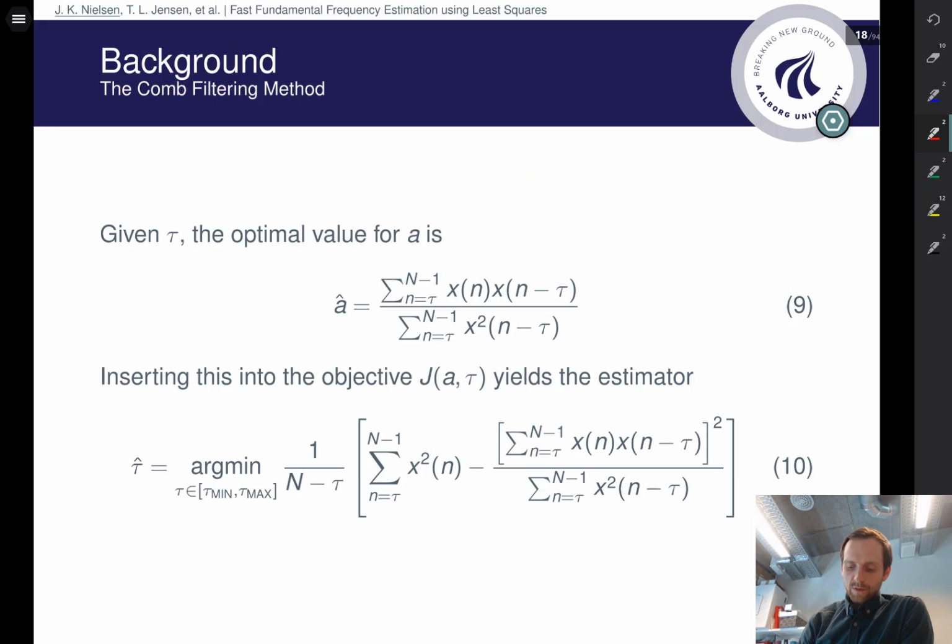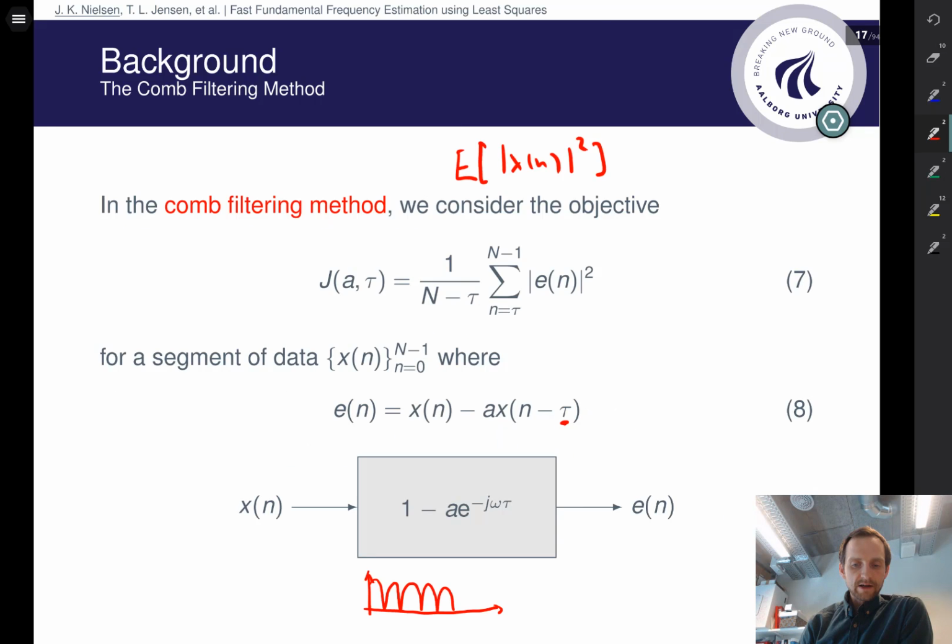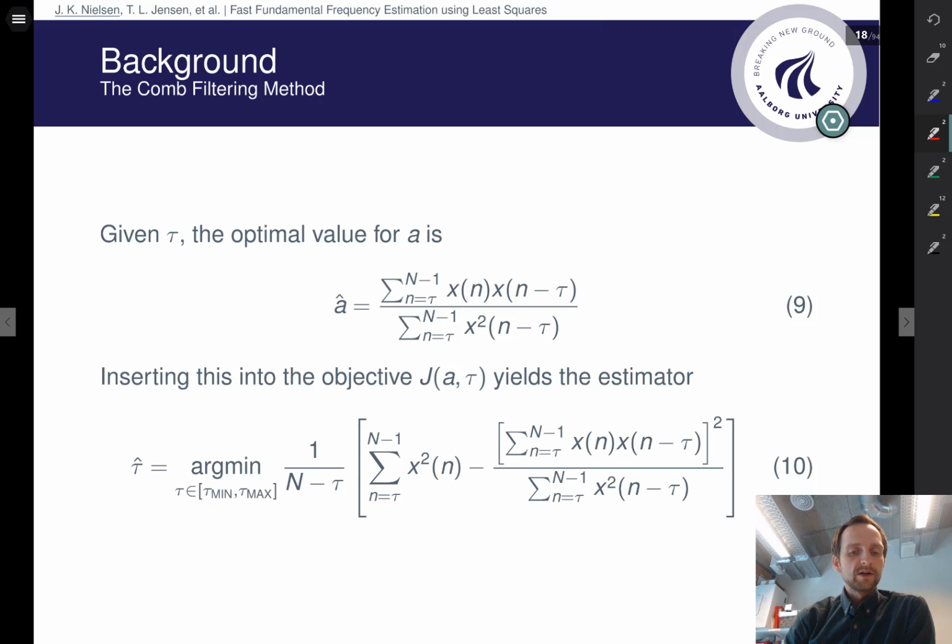We still have a scalar parameter a here, but we can find an optimal value for that. First we fix tau, and then we find the a that minimizes our objective. That's given by the expression in 9. Then we put this back into the objective, and we have an estimator that only depends on tau, given by the expression in 10.